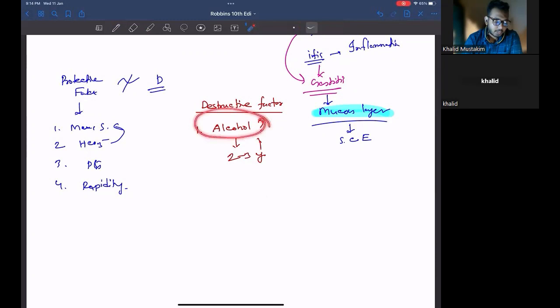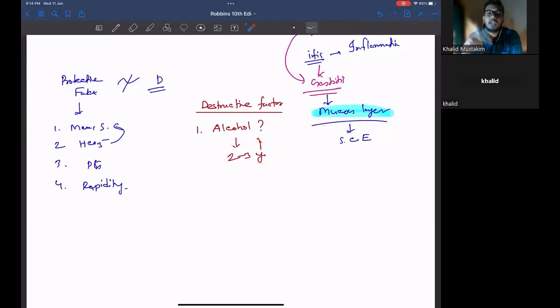Alcohol goes to the stomach and touches the mucus layer, and then it causes irritation there. So if you are taking alcohol continuously for 2 or 3 years, you are actually causing irritation continuously for 2 or 3 years.